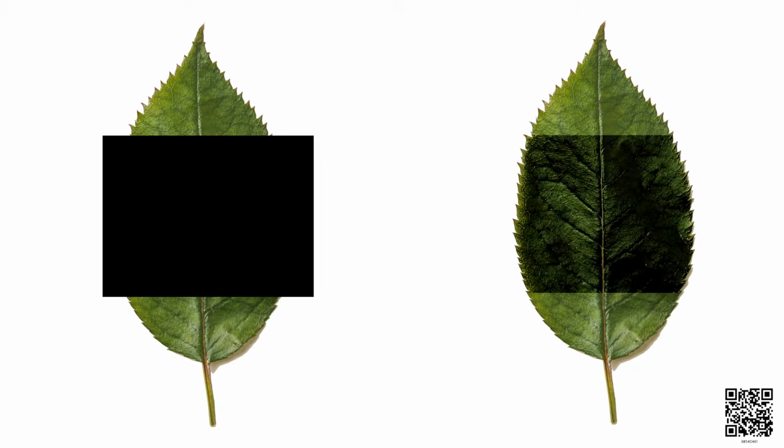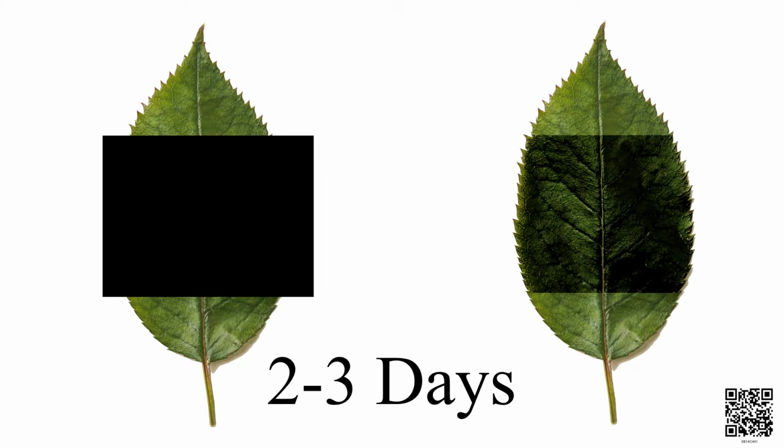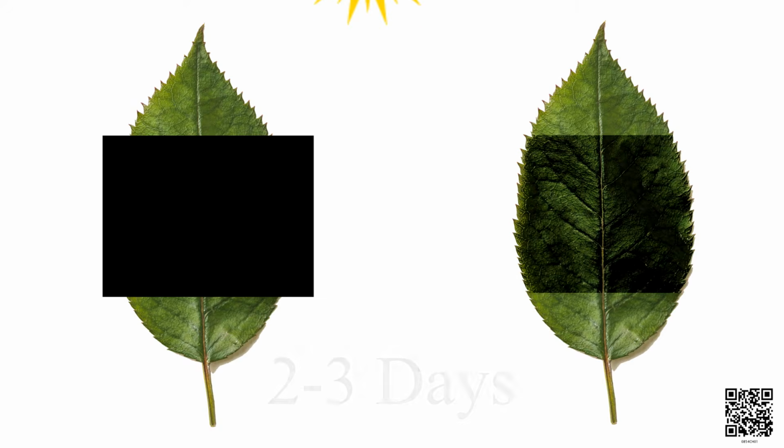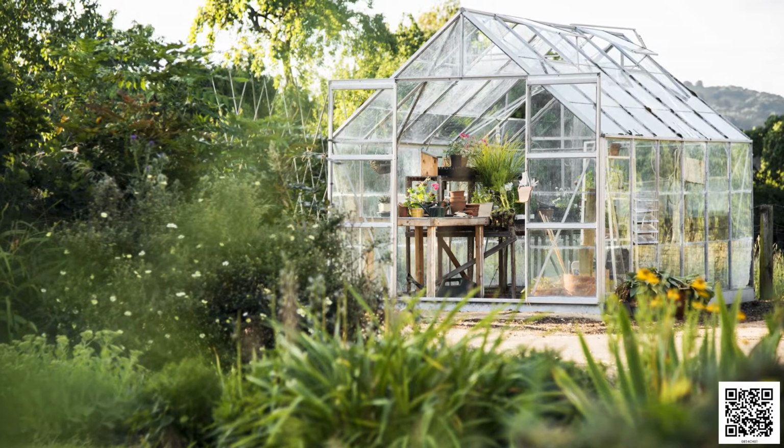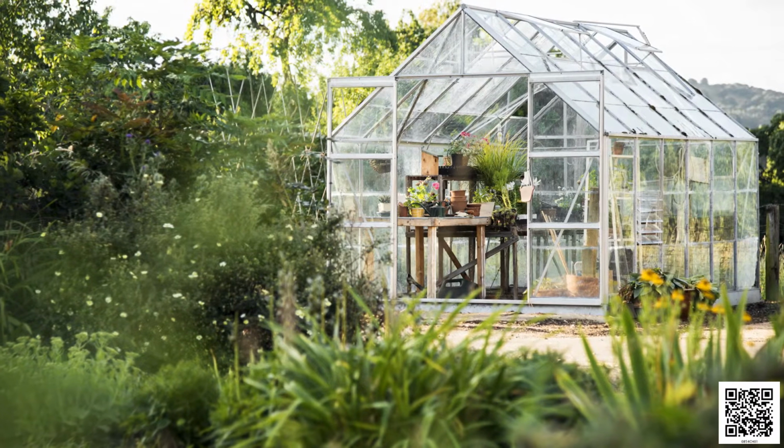Now take the second leaf. Remove the strip and expose the covered part to the sunlight for 2 to 3 days and do the iodine test again. Describe your observations. Visit a greenhouse if there is one near your place.